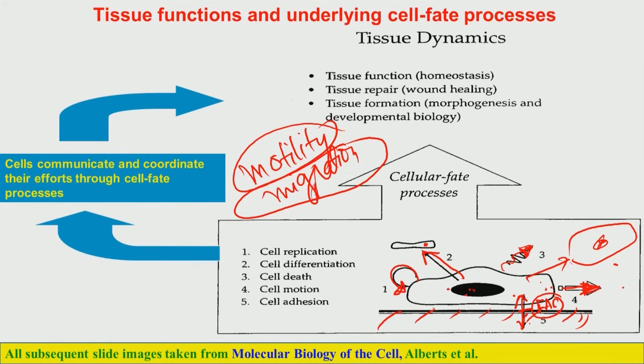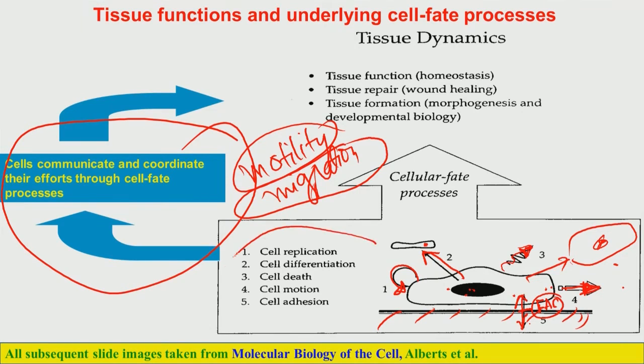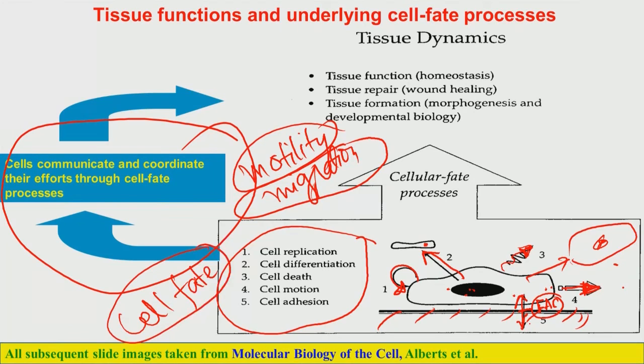Now, all these processes, that is cell replication, cell differentiation, cell death, they are grouped under one particular name called cell fate processes. So, cell fate essentially means that when a cell is being cultured on a biomaterial substrate, what would be its fate?